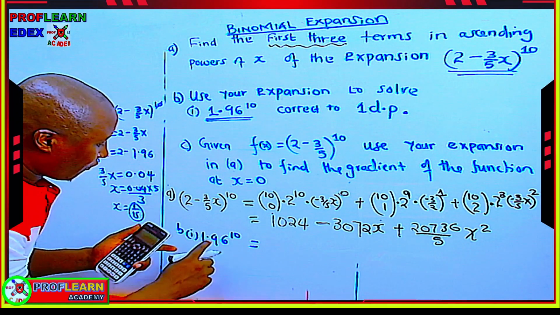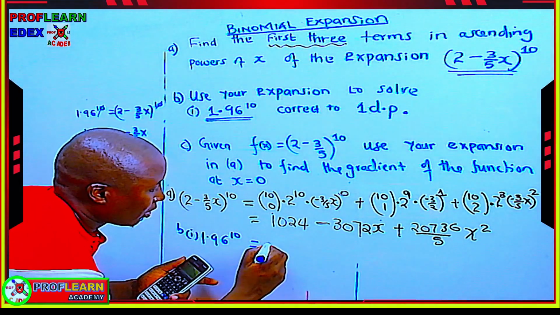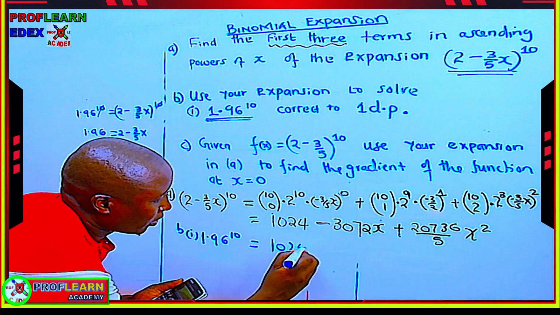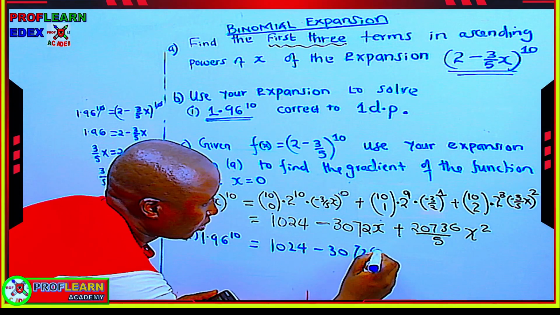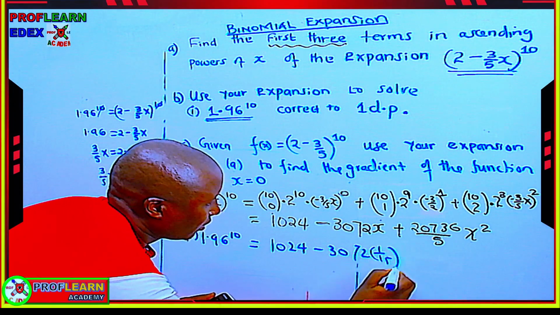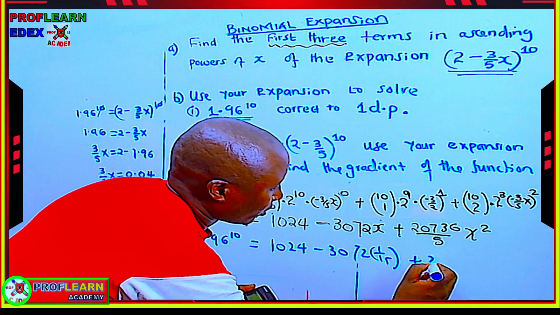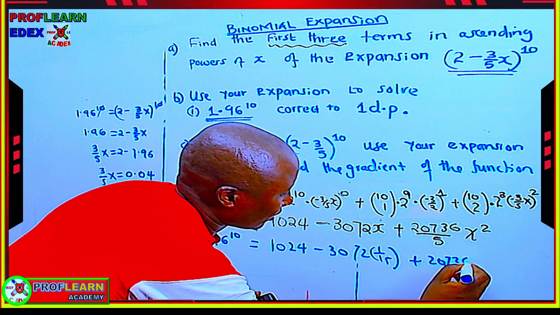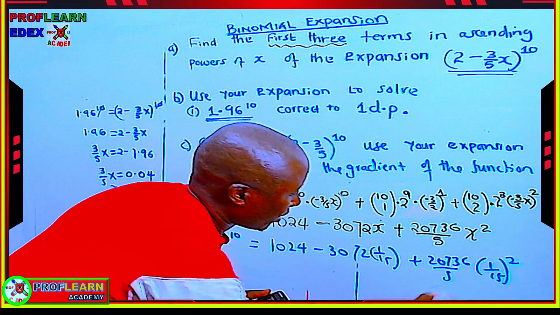So meaning for us to estimate this using the expansion that we have here, we are going to substitute 1024 minus 3072 into 1 over 15, our x is 1 over 15, plus 2736 over 5, 1 over 15 squared.